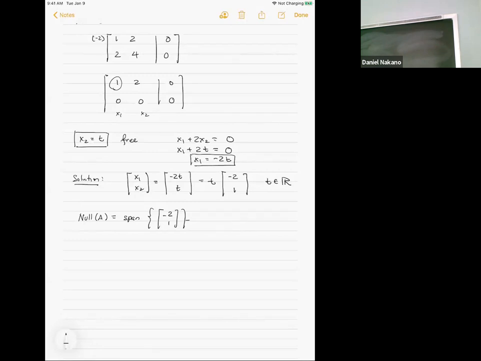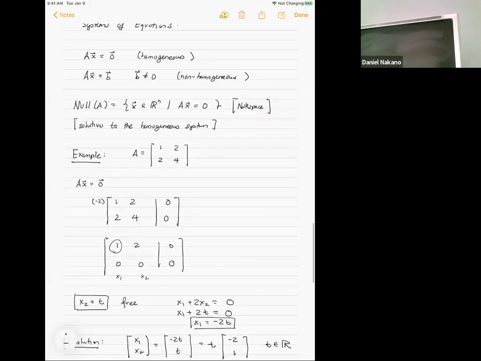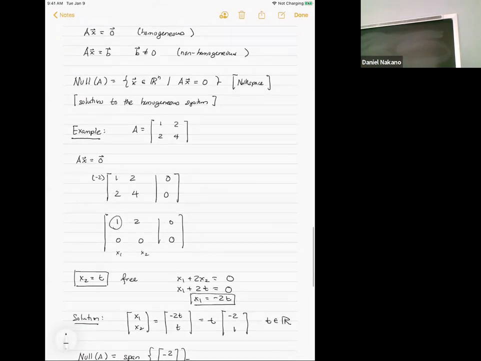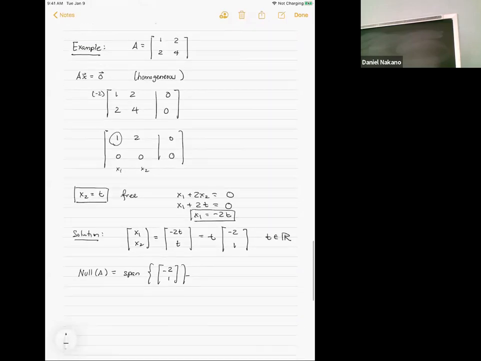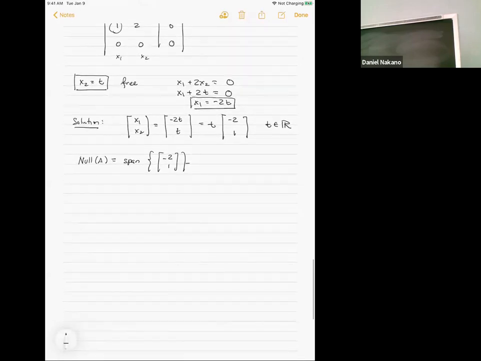Now what we're going to do is take the non-homogeneous equations for this system and solve them. This one was the homogeneous system. And now let's solve the non-homogeneous system.